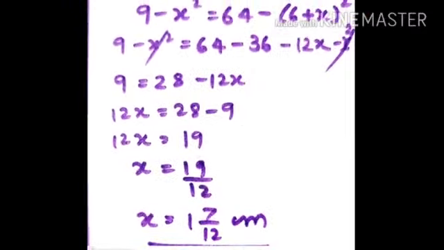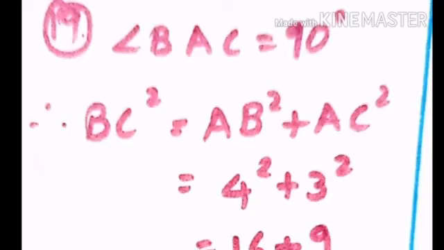Question number 19, the figure is already given. BAC is a right angle triangle, AD is perpendicular to BC, AB is 4, AC is 3. So we want to find the BD value. For that, in this triangle BAC is 90 degrees. Now BC is the hypotenuse according to BAC 90 degrees. So I am using here the whole triangle BAC Pythagoras theorem.